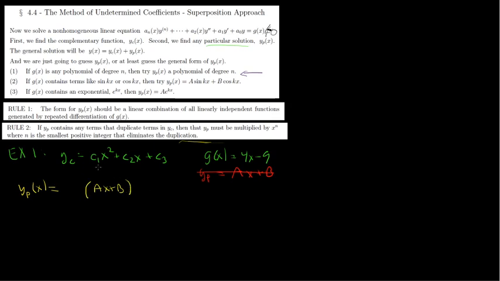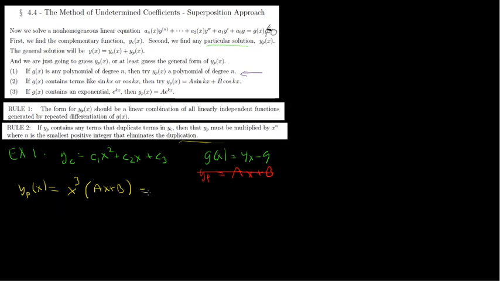And what would eliminate the duplication here? Well, if this is degree 2, we need to go one higher than that. We need to make this x to the 3 now. So this is x to the power 3, and that should eliminate the duplication. So that should be our particular solution in this case, when g of x is 4x minus 9.